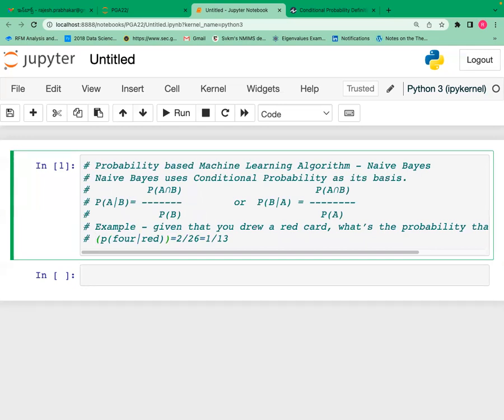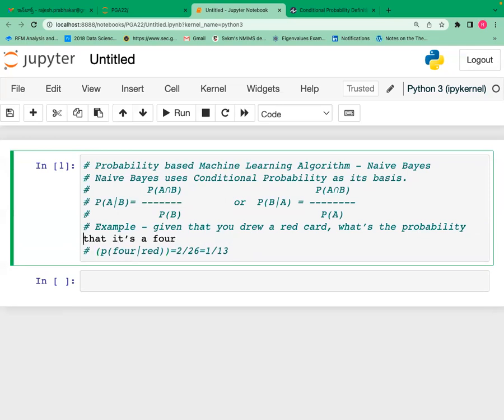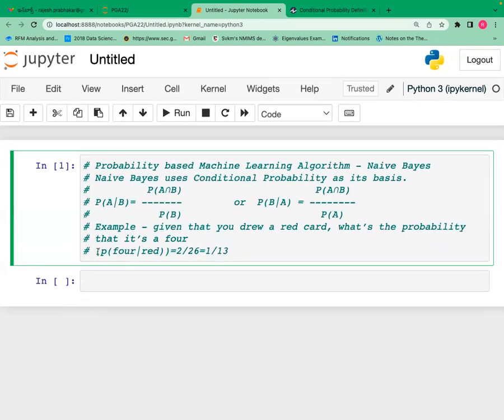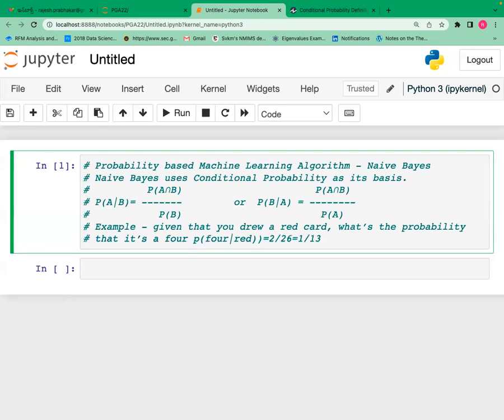So you have already drawn a red card. What is the probability that it's a 4? 4 and red card, 2 by 26. So given that a condition has already occurred.